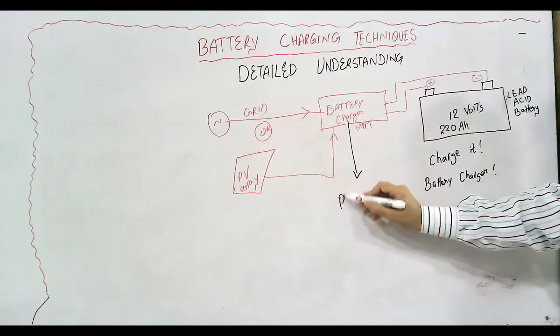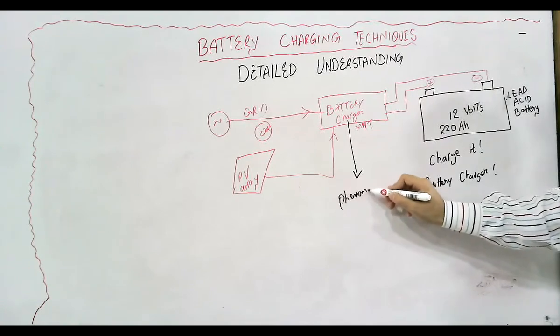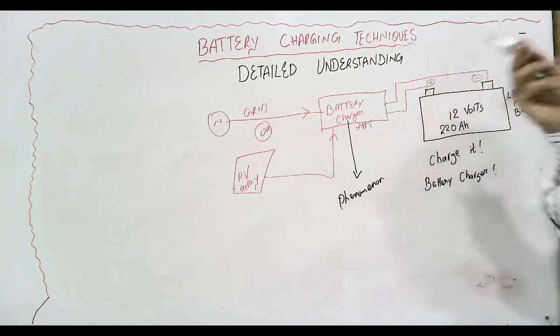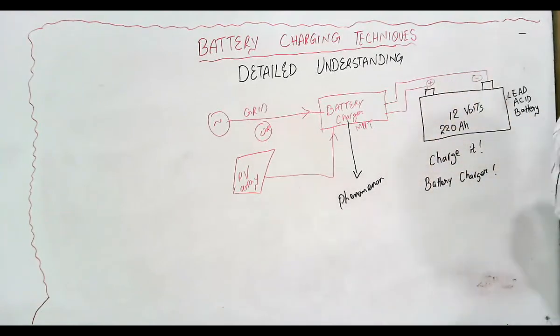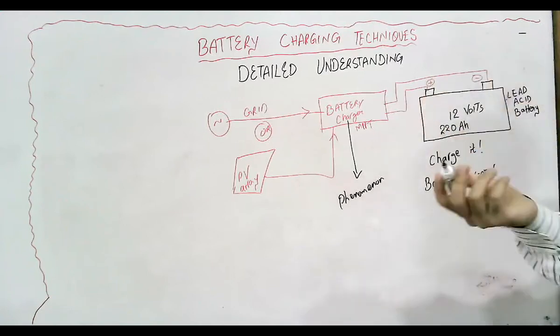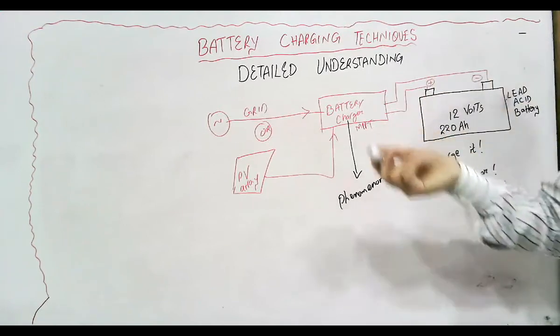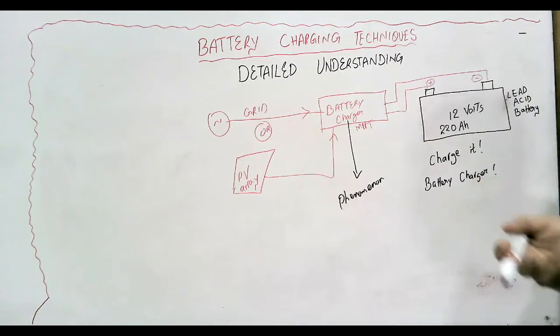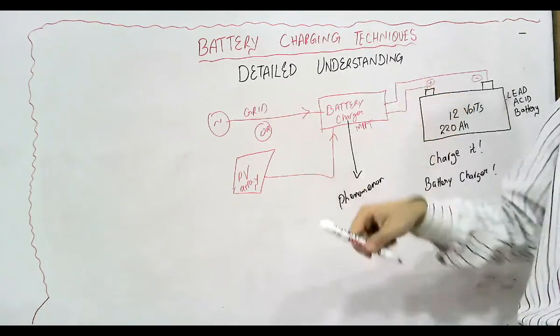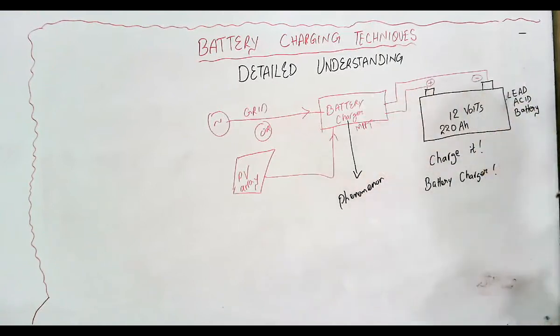By what phenomenon is your battery actually charged, or what are the modes of a battery charger? Also in your homes you have a UPS, the power backup in case of power outages. Obviously it also has a battery charger in it.